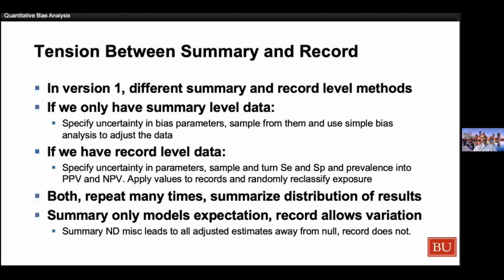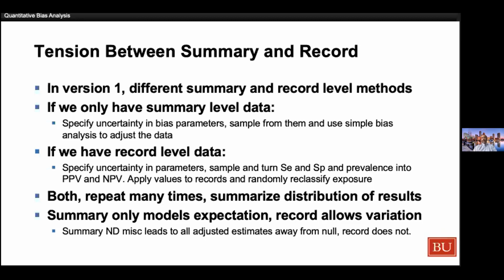Record level corrections means I want to run simulations in my actual data set. The summary methods are really nice because I can do this on somebody else's data as long as they've published their 2x2 tables. And then all I have to do is specify a distribution for my uncertainty in the sensitivity and specificity.